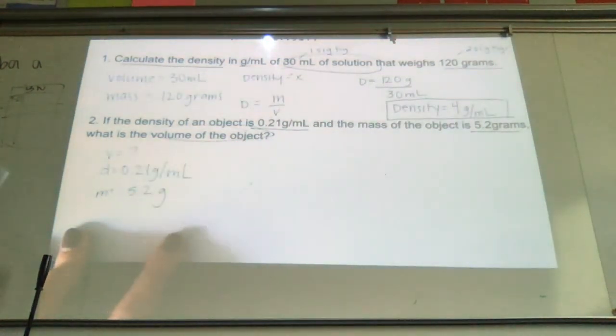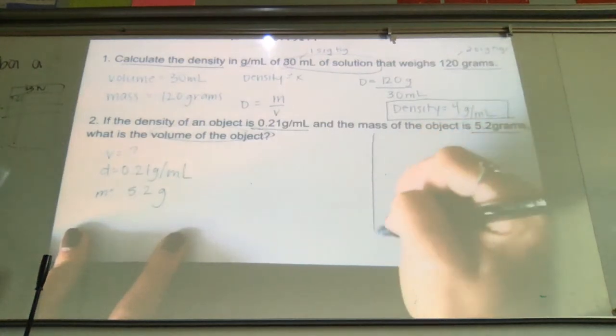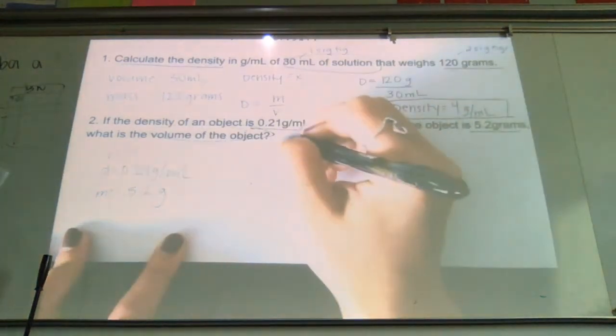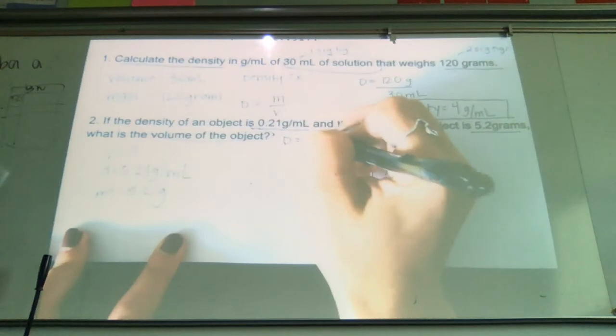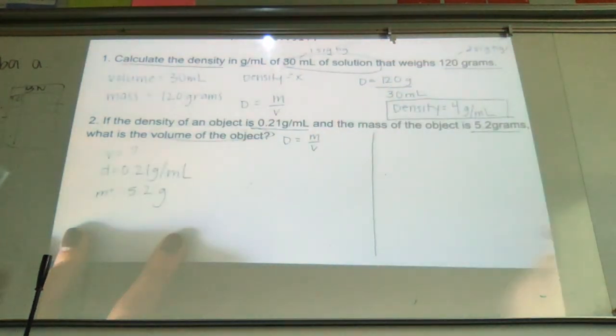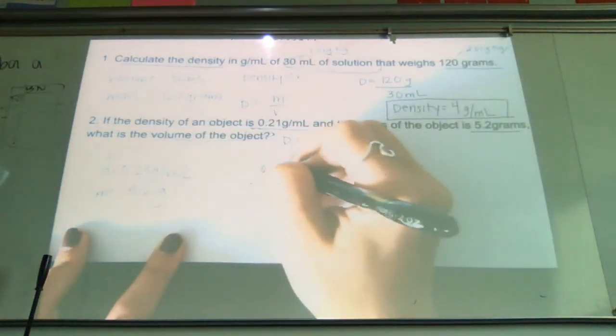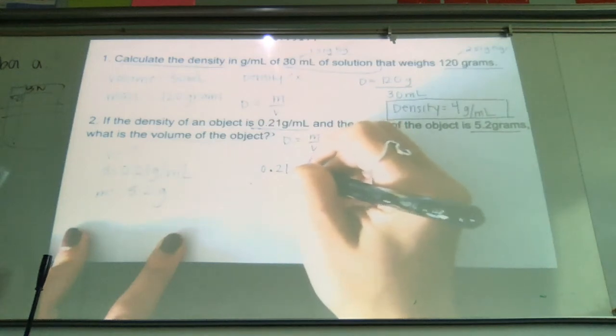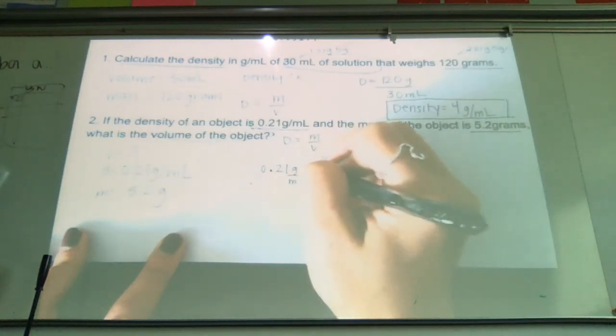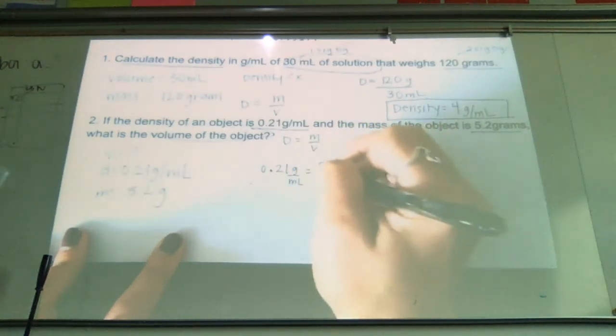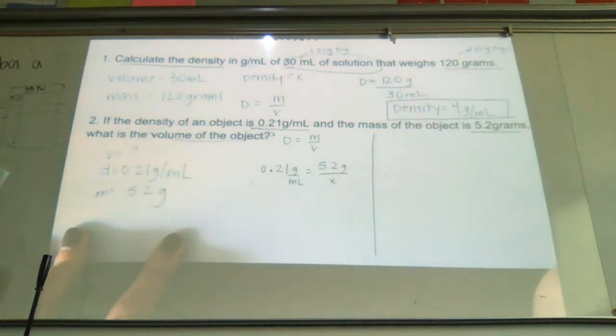Now to solve this problem, you can do one of two things. So I'm going to show you your first option first. You can use the same D equals M divided by V calculation. So I'm going to do 0.21 grams per milliliter equals 5.2 grams divided by X, and solve like this.